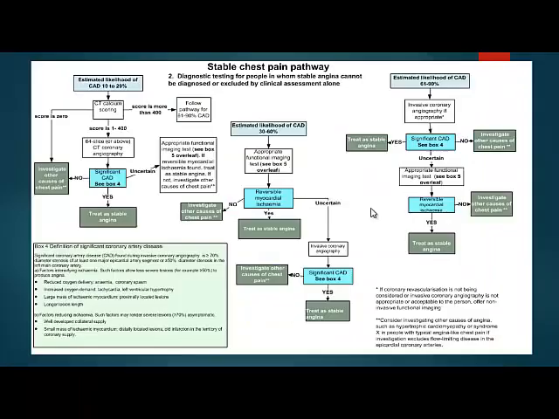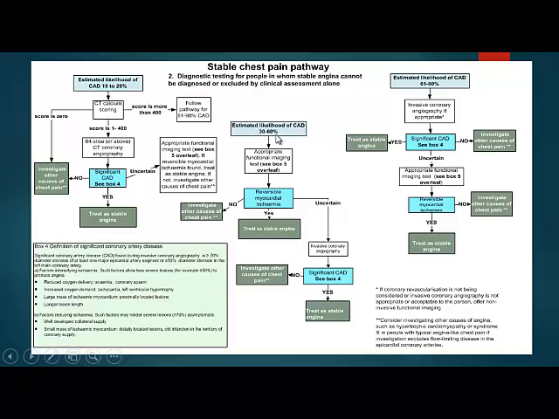And this guideline suggests that if you have pre-test likelihood of less than 10%, then you don't need to do anything. You consider the chest pain as non-cardiac. If the pre-test likelihood is between 10 to 29%, then you start with calcium scoring.